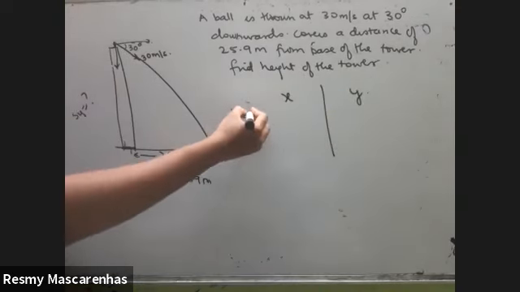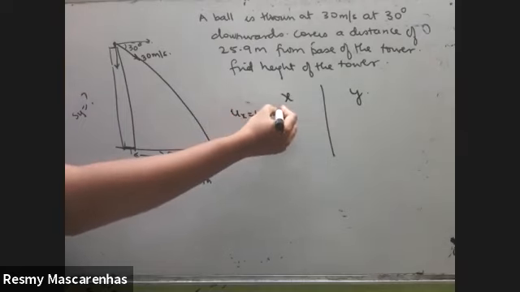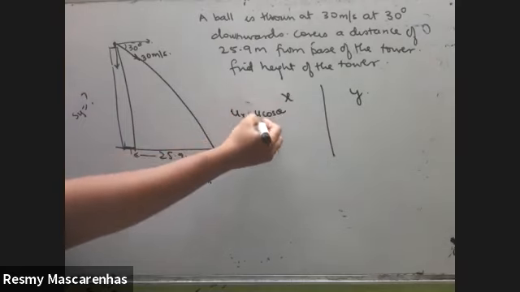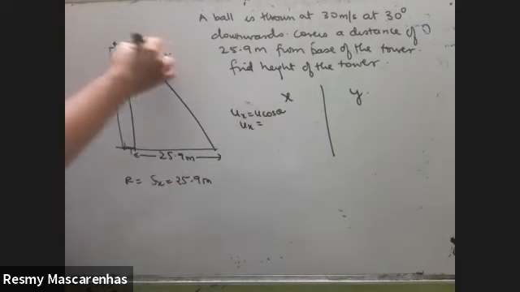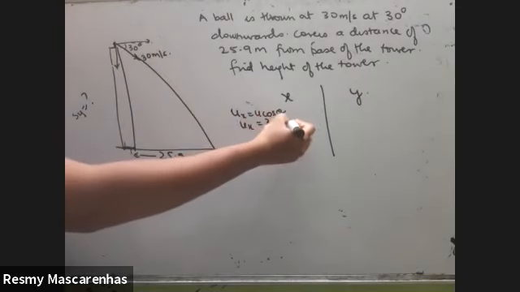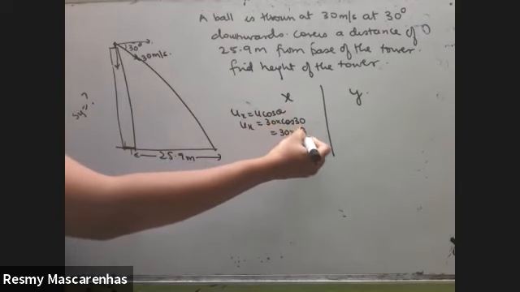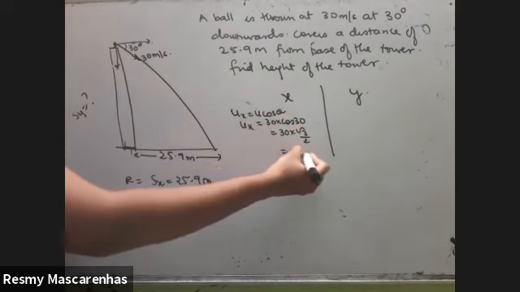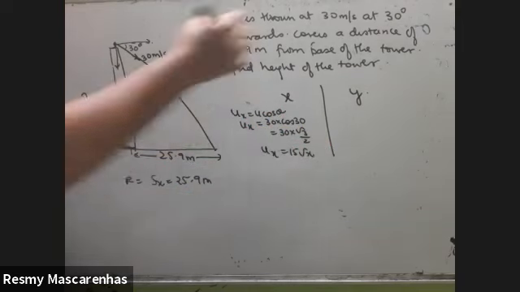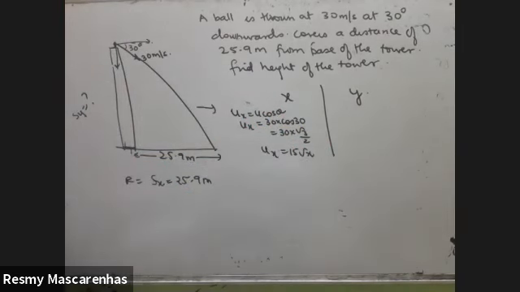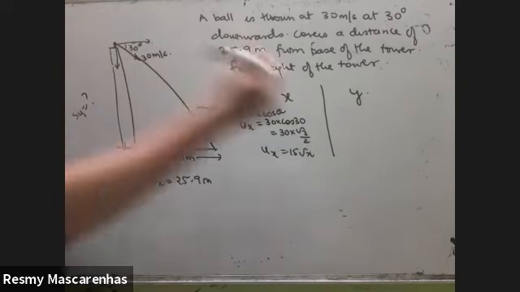So ux we will calculate: 30 into cos 30. So ux, the initial velocity, is 15 root 3. In the same way calculate uy.